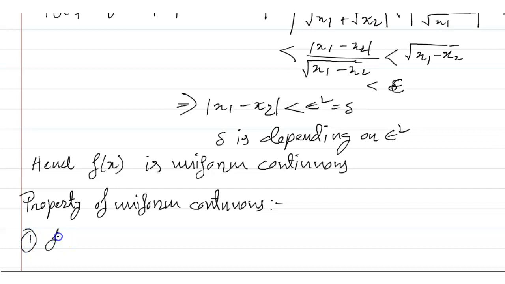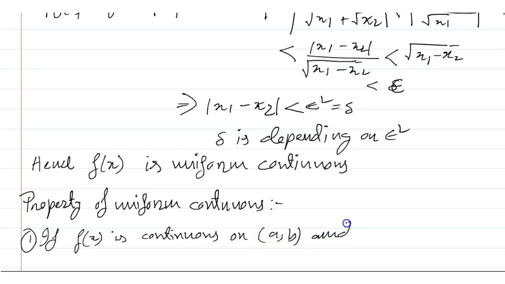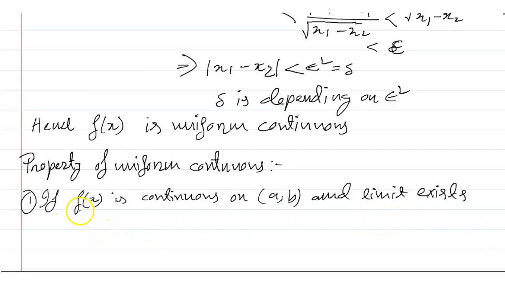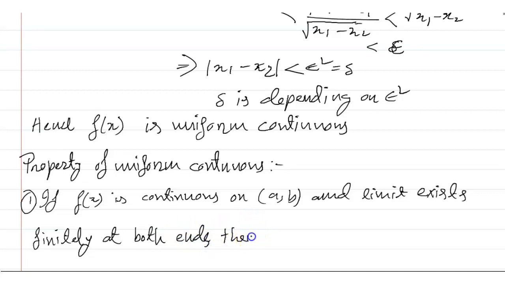Number one, if f(x) is continuous on [a, b] and the limit exists finitely at both ends, then f(x) is UC, uniformly continuous, on [a, b].